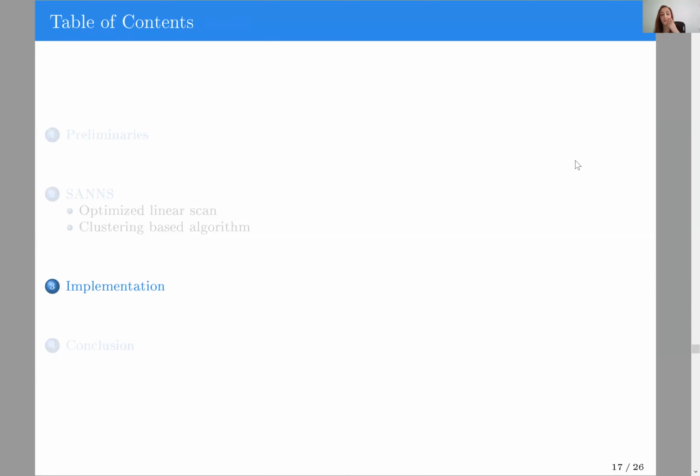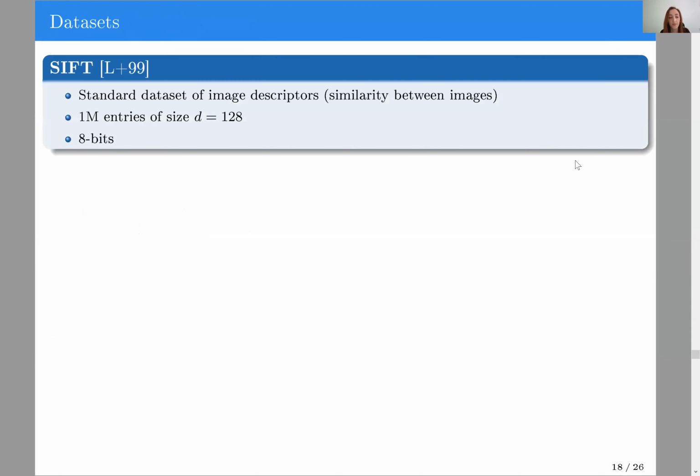Okay, so I show now some implementation results, because of course we wanted to verify all those theoretic ideas in practice. As I said at the beginning, we wanted to test on large datasets to show scalability. And we use 3 datasets.